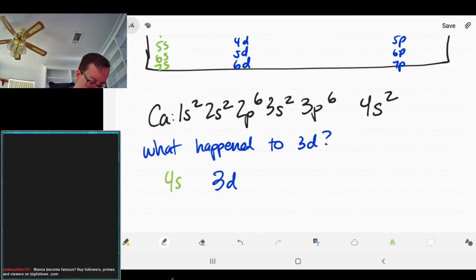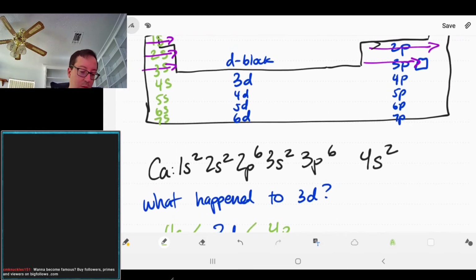So we have 4s, 4p. Our 3d energy, d orbitals have higher energy than either p or s of the same shell. But if we're comparing different shells, we see that the d orbitals will fit in between the s and p of the next higher shell.